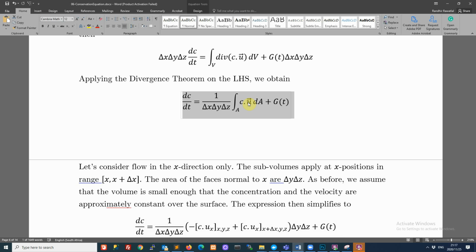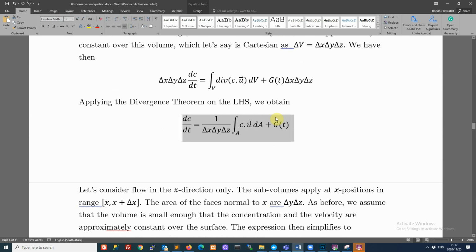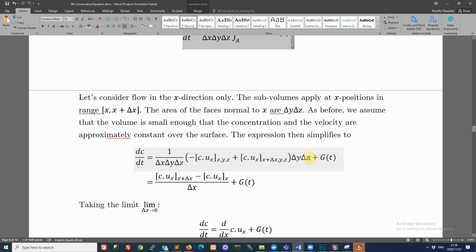So if we do that, then we can rewrite this as c times u is going to be c times ux, and that's at that specific position, x, y, z. And then now the area changes over x only. So now it's c times ux, and now this is at position x plus delta x. And of course, this is all the integral over the area. The area normal to the flow, so the flow direction is x, so the area normal to that is delta y, delta z.